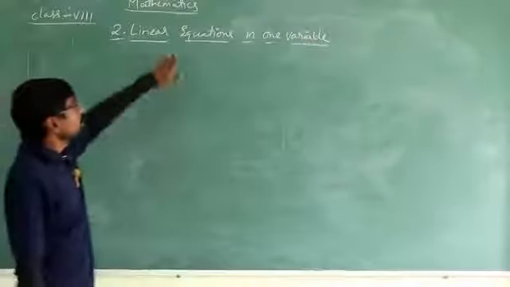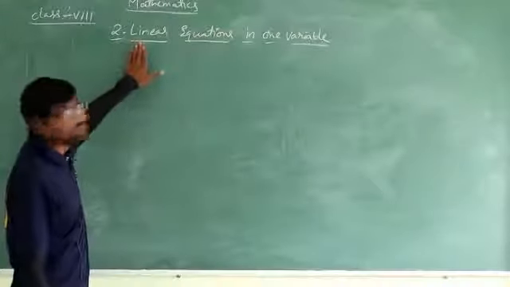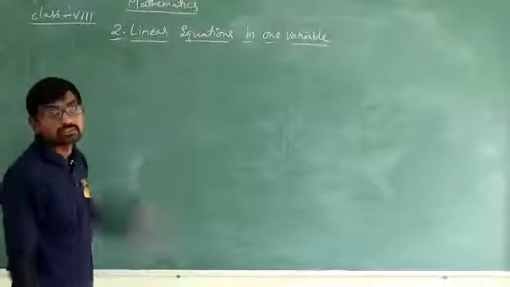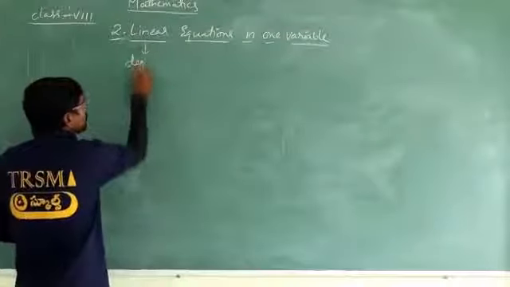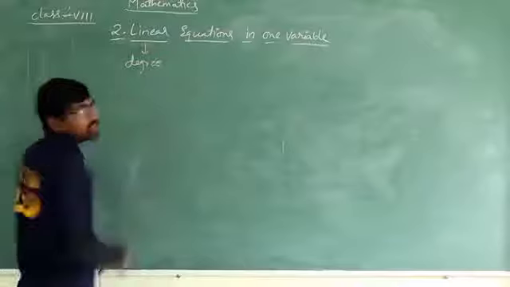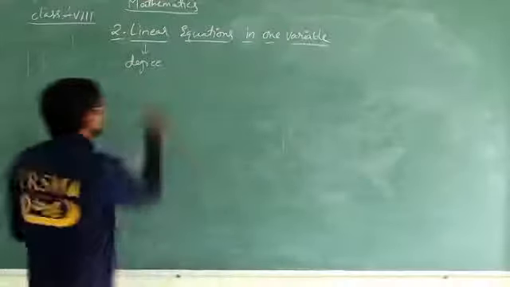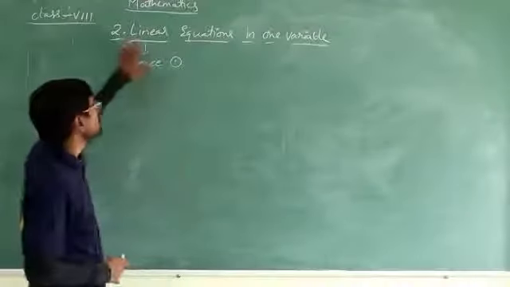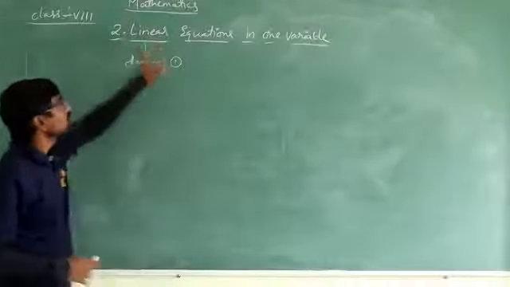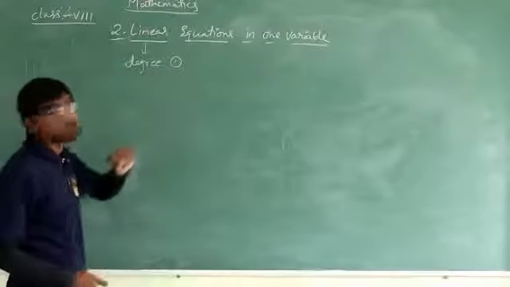So in algebraic expressions, in this chapter the word linear represents degree 1. I will tell you what a degree is, and why I am taking degree 1. So you just remember what linear is. In algebraic expressions, we will call linear as degree 1.